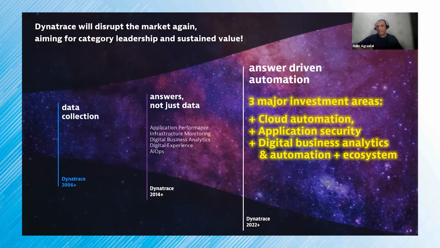Businesses are expanding very fast, and your applications are no more those simple traditional applications residing in one data center, having a simple DR on the other side. Every 6 months, you bring a change in your environment. It's very dynamic. So now the focus in 2022 for Dynatrace is, along with the answer, what automation can I bring in, and at what level can we bring in these automations?